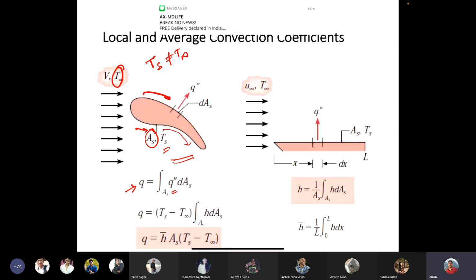If this is the local heat flux of an elemental surface area dAs, we integrate it over the whole surface area, and so we get the total heat transfer rate.